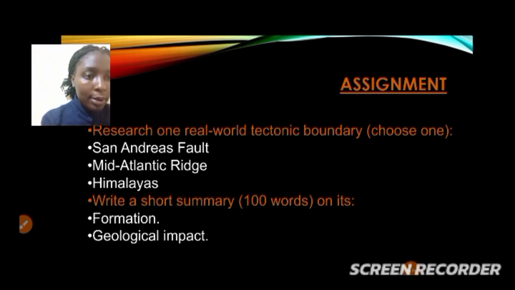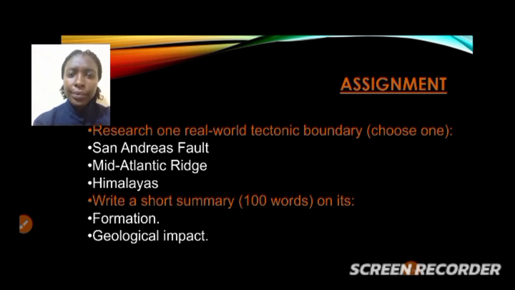Okay, now if there is no one to ask a question, then I give you work to do. Go and make short notes on today's topic. Ensure they are very clear and explain what we have talked about today. Then an assignment that I will collect for the next class is to research one real world tectonic boundary.